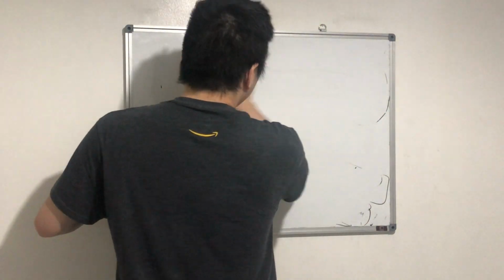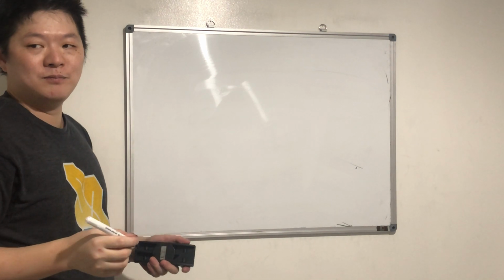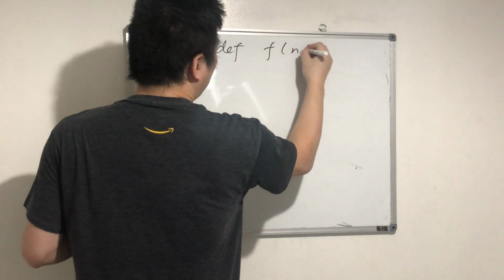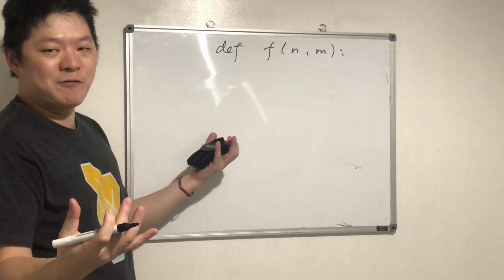Okay? So from the bottom up, define f of n and m. So look, we need to put it in an array, right?